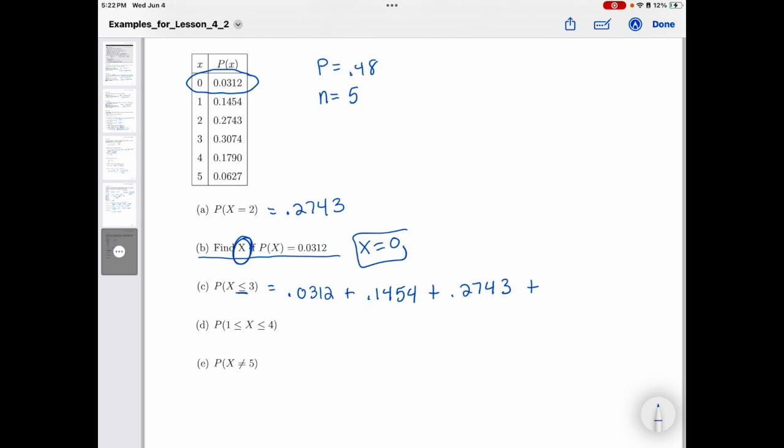So we're going to add in the 0.3074. If it said strictly less than 3, then we would stop at 2. Now, when we add all of those together, we're going to get 0.7583.